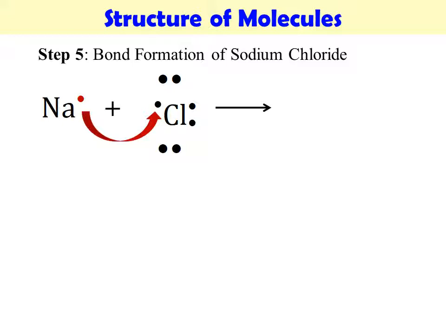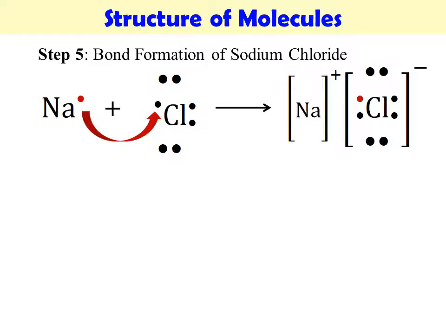Remember one thing, a bond formation will only happen between two electrons. So every bond requires two electrons to form. That's the minimum and the maximum. The minimum number of electrons required to form a bond is 2. The maximum number of electrons required to form a bond is 2.